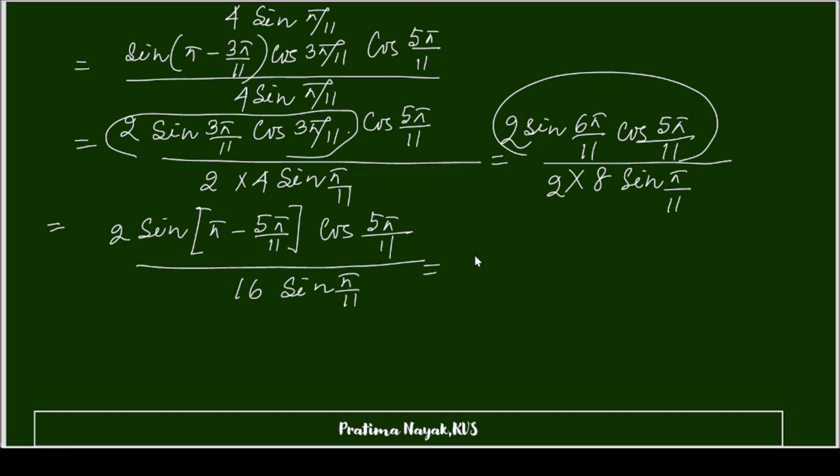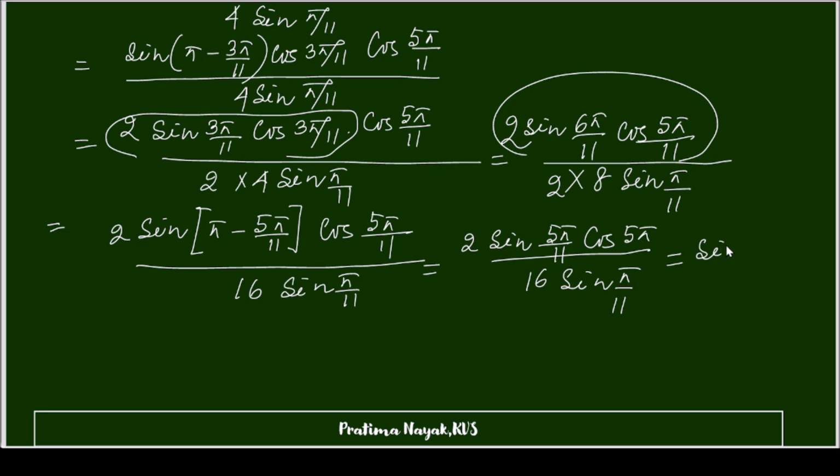So we are getting 2 sin 5π by 11 into cos 5π by 11 over 16 sin π by 11. So this makes sin 10π by 11 over 16 sin π by 11.